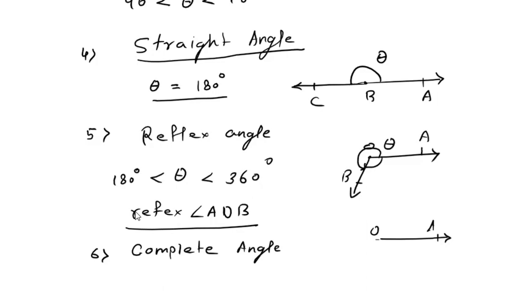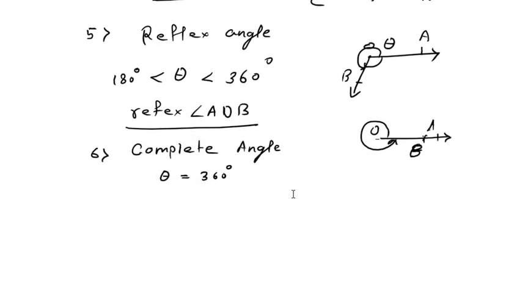Then when we rotate further, it becomes reflex angle, and after rotating, when we again come to the same line, that is my OC, or OB, I will say that OB will lie on the same line, then the angle which I get at the center, okay, that angle is called complete angle. And for complete angle, the measure of angle is 360 degree.